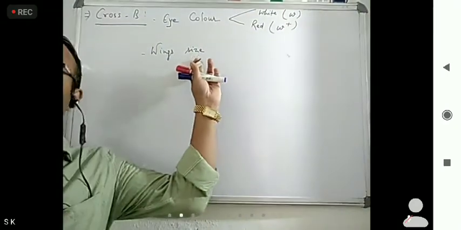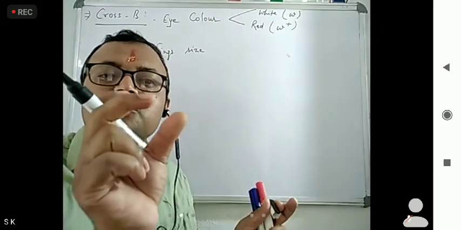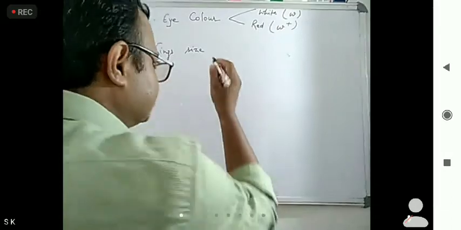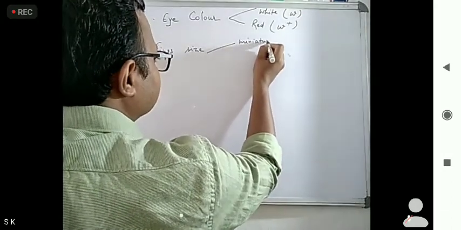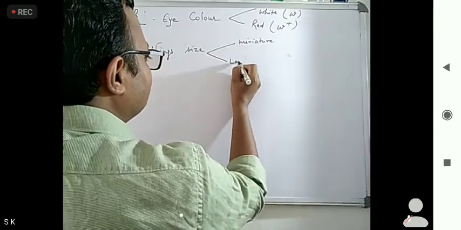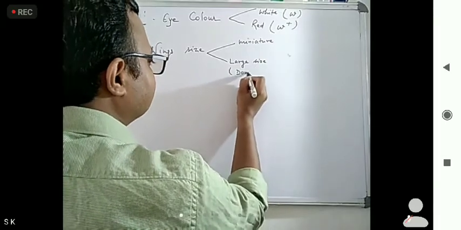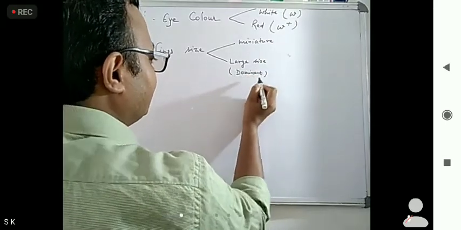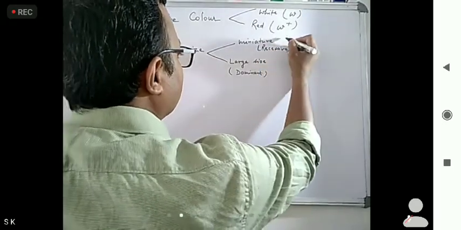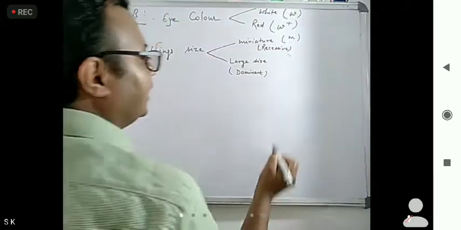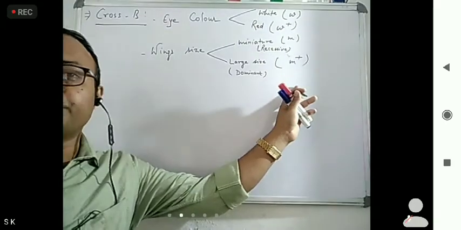Now for wing size, what did he choose? One was miniature, small size, and one was large-sized wing. Large size is dominant and miniature is recessive. Miniature is denoted with a small m and large size with m plus, as superscript.